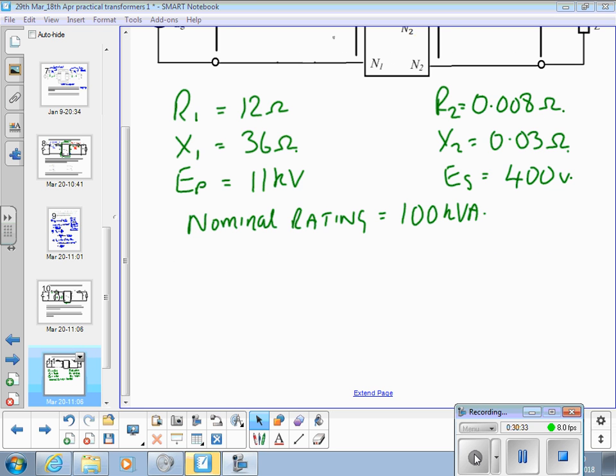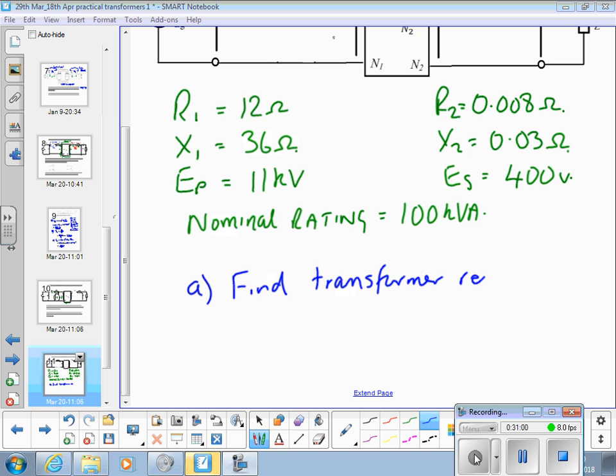I'm just going to go through what the question was asking for, one thing at a time. We'll work through it. First of all, it asked: find the transformer ratio, little a.